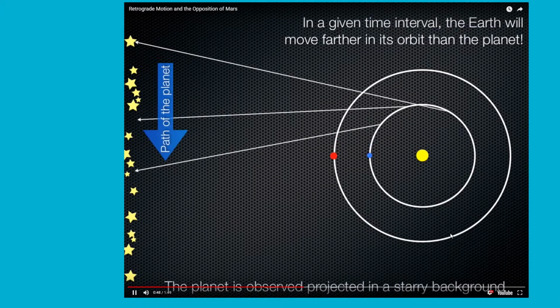So right now, Mars would look like it's moving from the right to the left. But you can notice that at this point, once we cross this center line, we're kind of ahead of Mars again. So as we view Mars, we're viewing it back and to the right. So it's going to appear like it's moving to the right now.